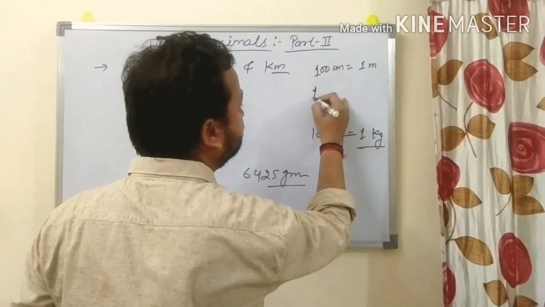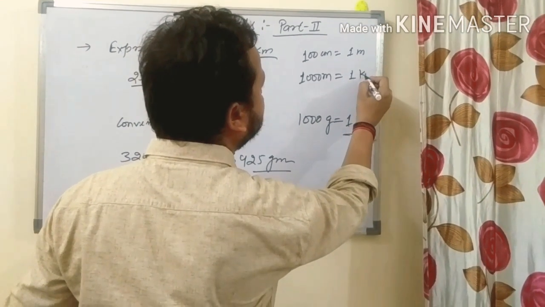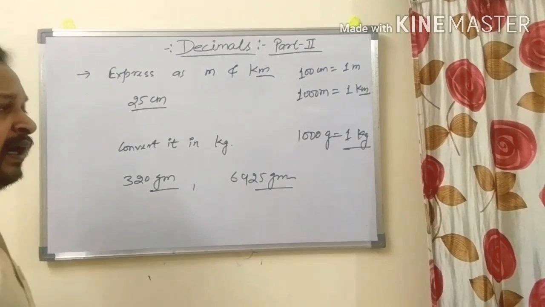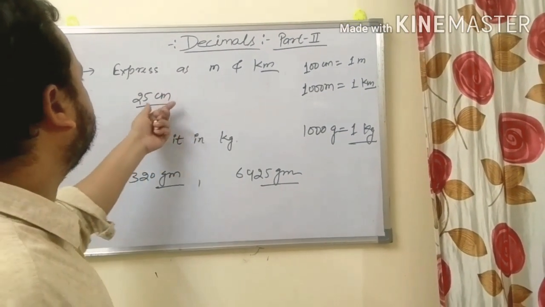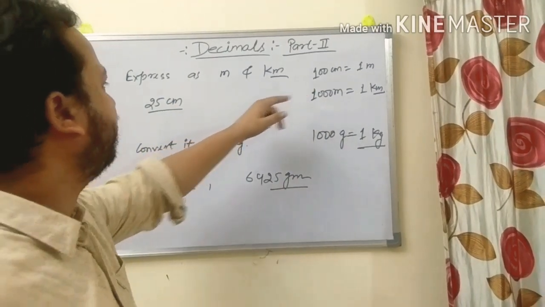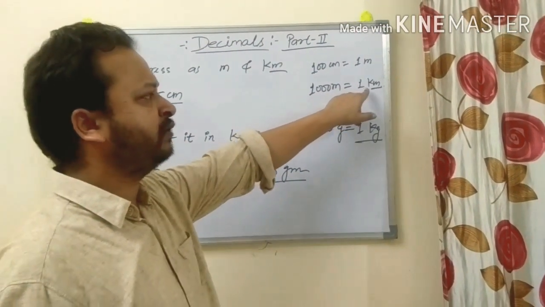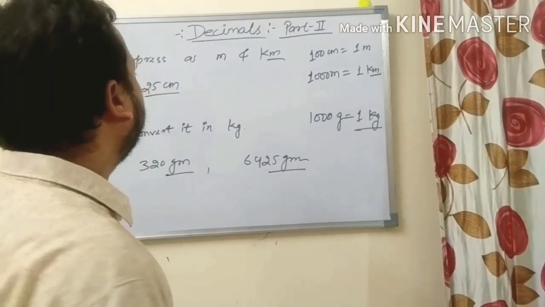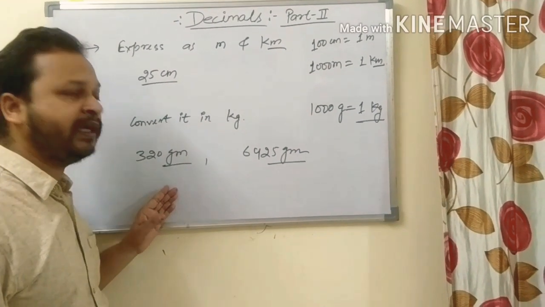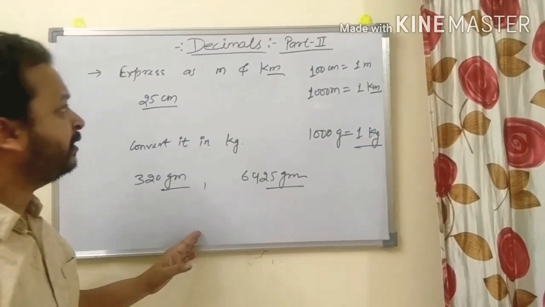And 1000 meter is equal to 1 kilometer, right? So first you have to divide it by 100, you know how many meters are there, and after that divide it by 1000, you will convert to kilometer. I am leaving this part to you, solve this part and send me the solution.